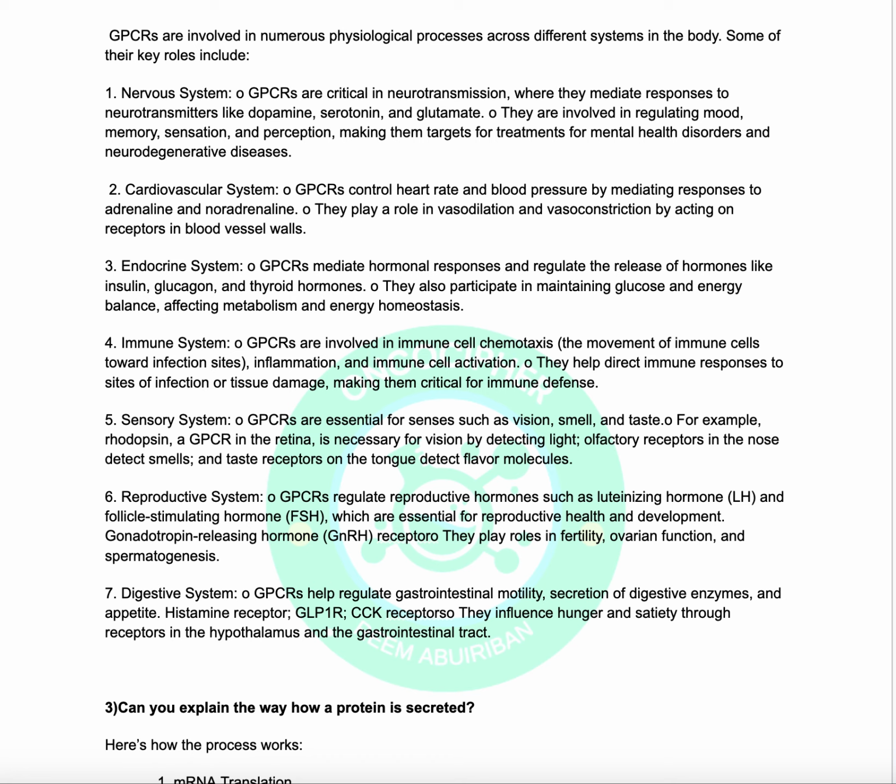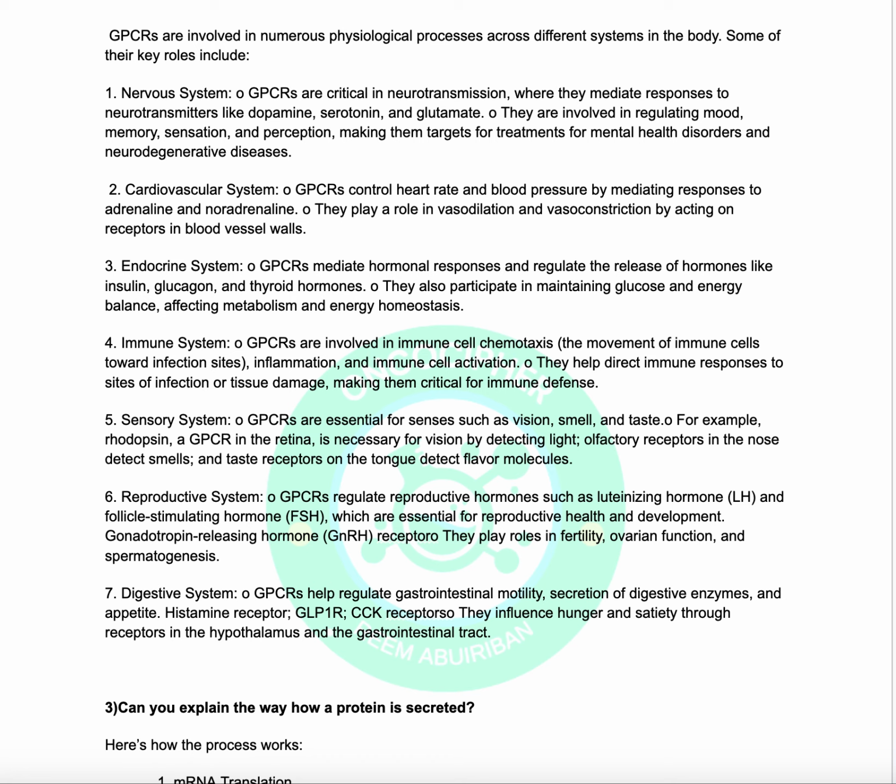They play a role in vasodilation, beta 2 for example, and vasoconstriction by acting on the receptors on the blood vessel walls, and that controls the blood pressure. Endocrine system: G proteins mediate hormonal responses and regulate the release of hormones like insulin, glucagon, and thyroid hormones. They also participate in maintaining glucose and energy balance, affecting metabolism and energy homeostasis.